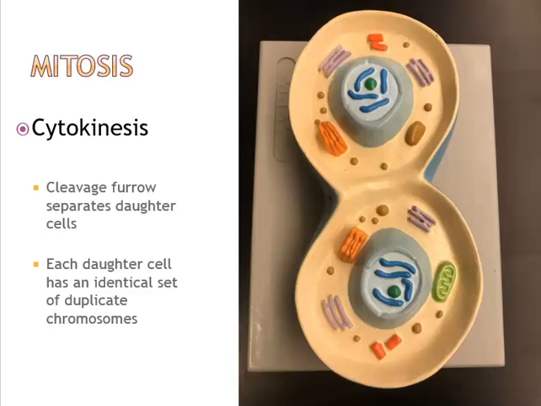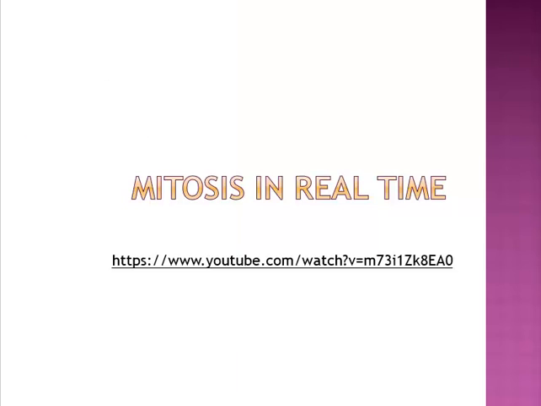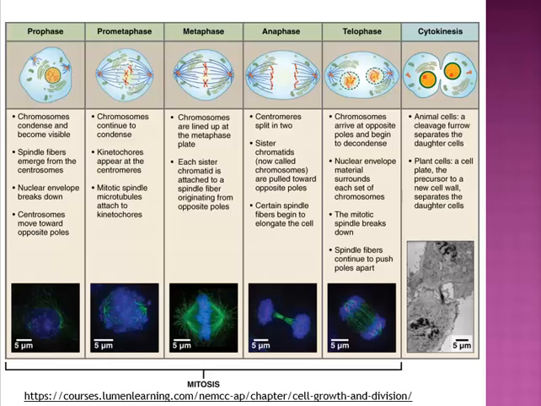And finally, the last part of cytokinesis, that full cleavage furrow is beginning to form and starting to split off these cells. I highly suggest watching this mitosis in real time. It's a very interesting video. And that's it for our mitosis. These are the different phases of the cell cycle for mitosis.